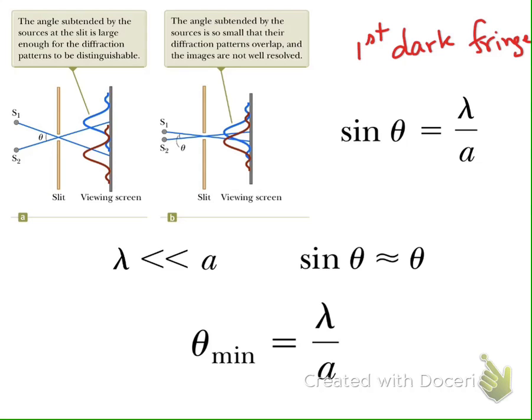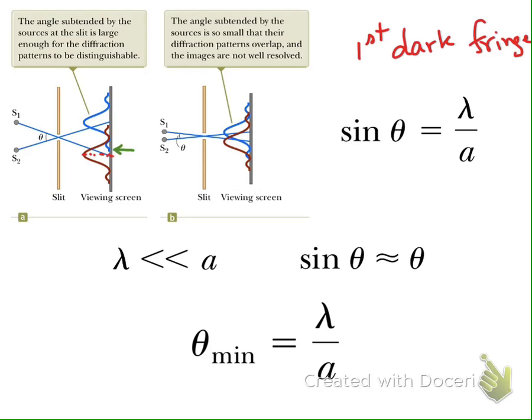Why? Because if the light from the first object has its bright fringe here, we want it to be on the dark fringe of the second object.